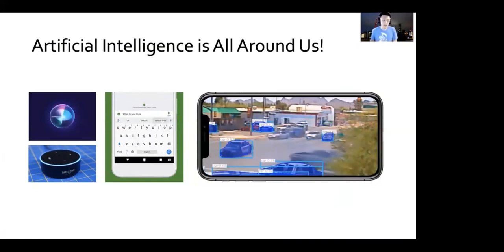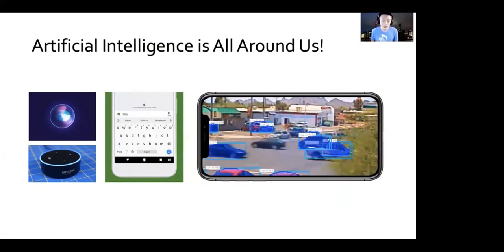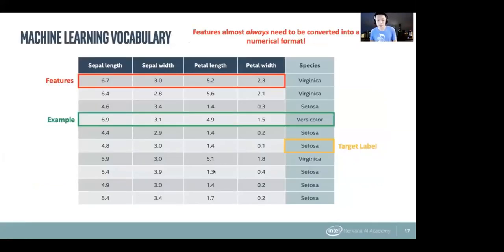But this is just something to keep in mind. Machine learning does not play well with discrete inputs. It really likes numerical inputs. That is something we will explore going forward.